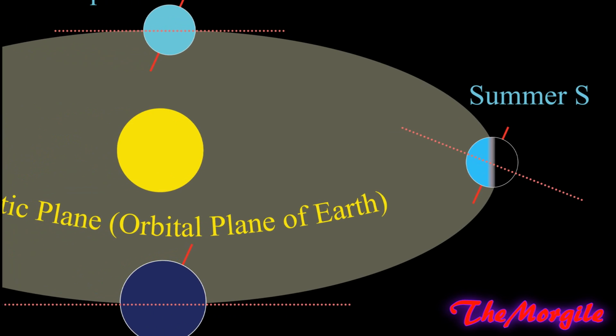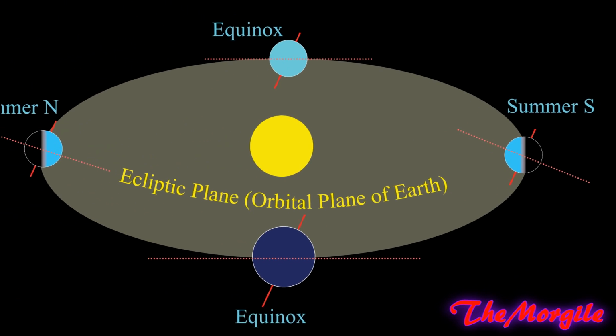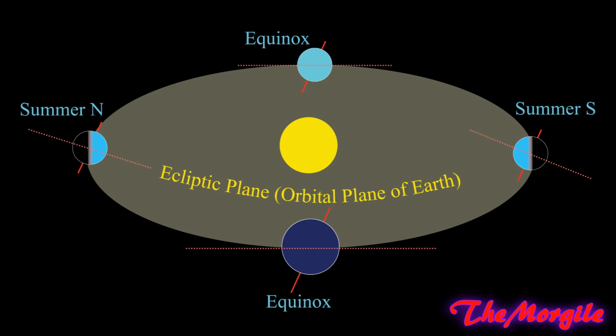So in other words, during the solstices, the equatorial plane would be at its maximum divergence from the ecliptic plane, and during the equinoxes, the equatorial plane would be aligned to the ecliptic plane.